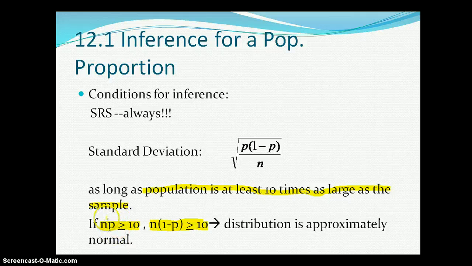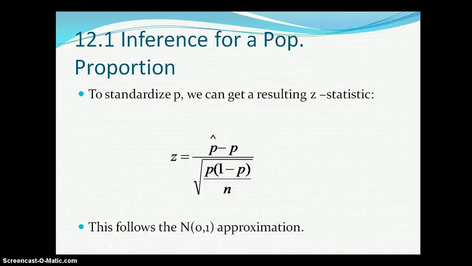We're using our population proportion here, not our sample proportion. That is something I find can be a little tricky. And again, we're setting this all up so that we can actually use z-scores. Okay, so we're taking our sample proportion minus our population proportion divided by my standard deviation.